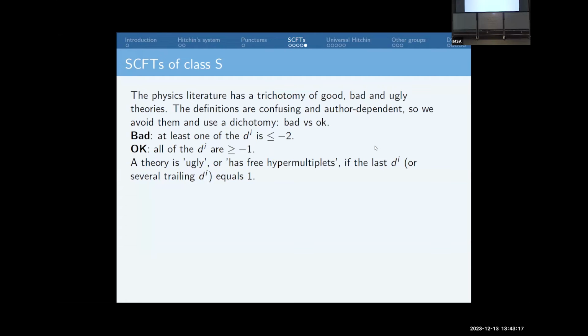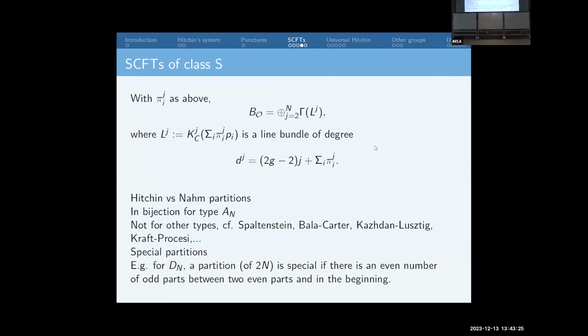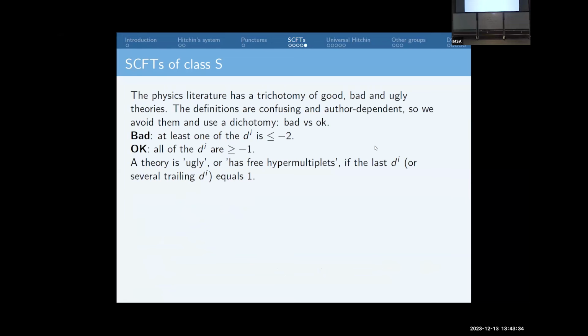A theory is ugly, and then people say it has multiplicity, if the last d_i in the sequence of degrees equals 1. Remember I gave you formulas for the d_i, those are the degrees of the line bundles for sections that terminate the chain.